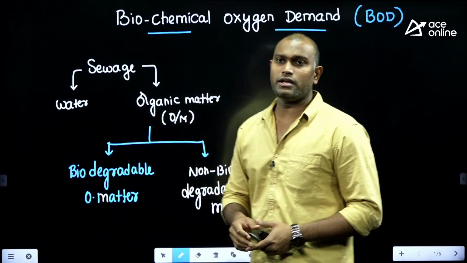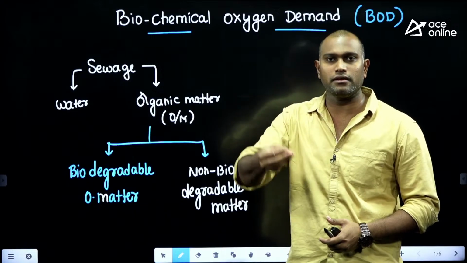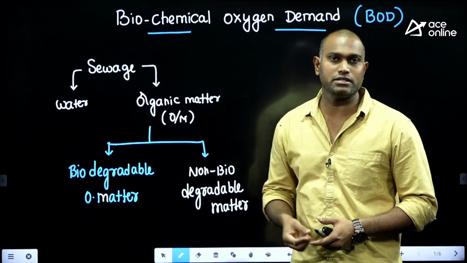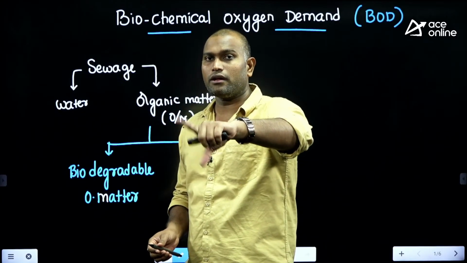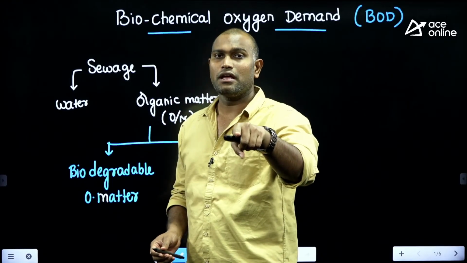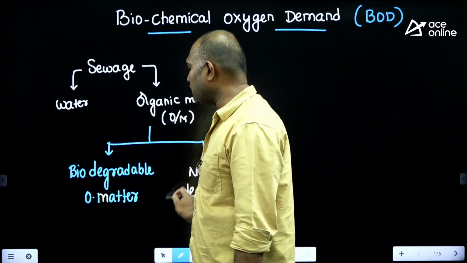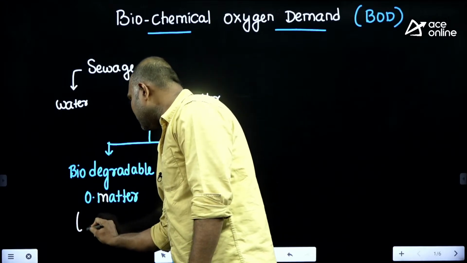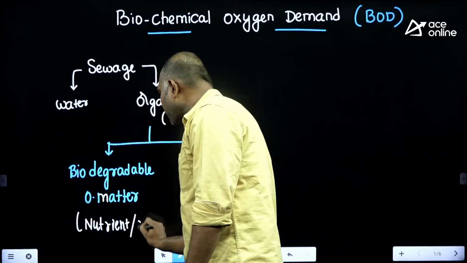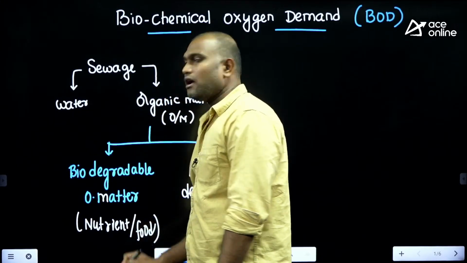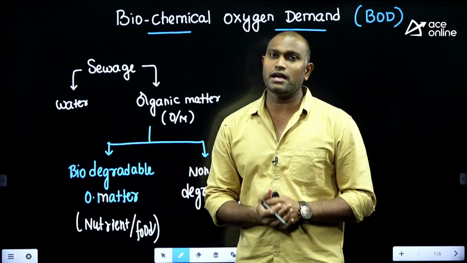In fresh water bodies or large river water bodies, there will be a high amount of oxygen. When you dump the raw sewage directly into the water, the organic matter in it, which is biodegradable, will act as a nutrient or food for the microorganisms.